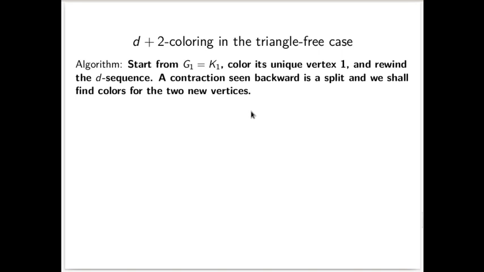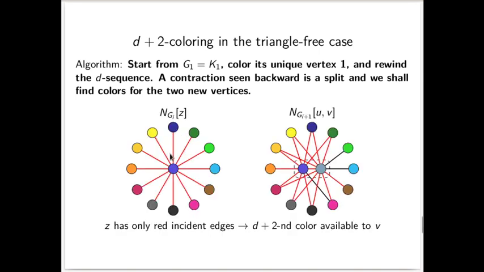There is a vertex Z, which is split into two vertices U and V. One of these two vertices can take the same color as Z. But the question is, which color can we use for the other one? There are two possibilities. Either Z has only red neighbors. In that case, it has at most D neighbors, and thus there will be an available color smaller than D plus 2.